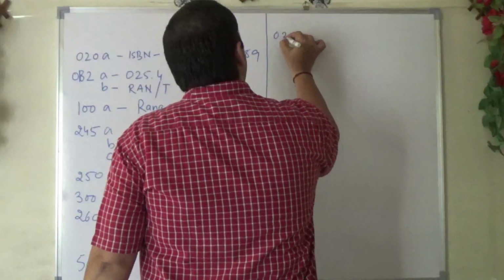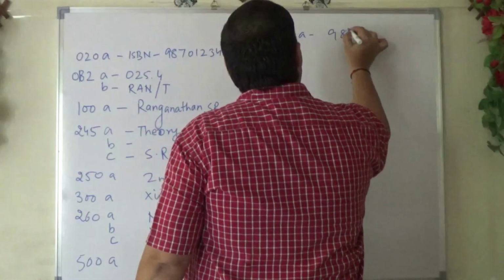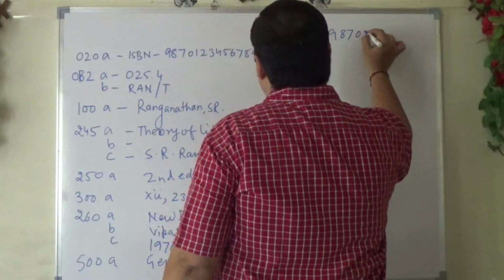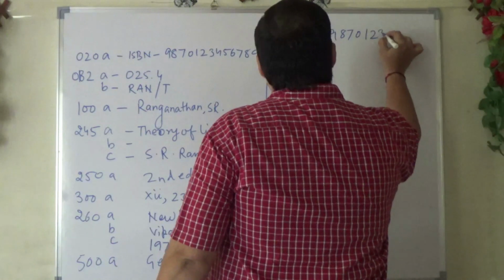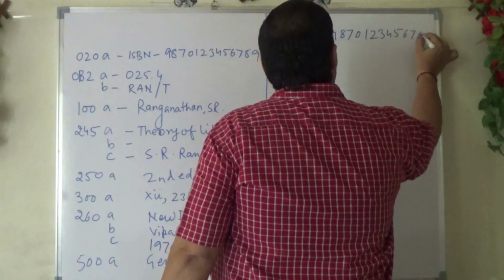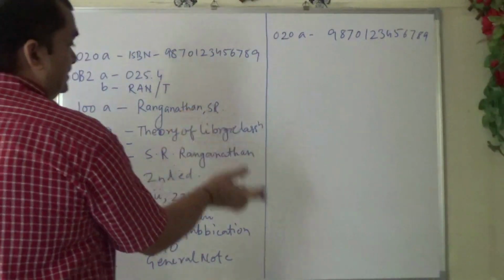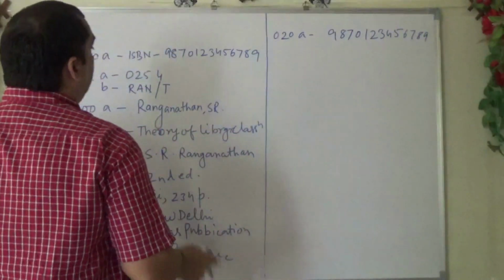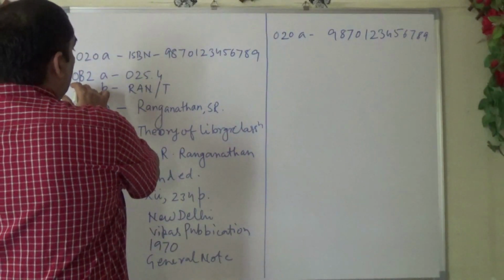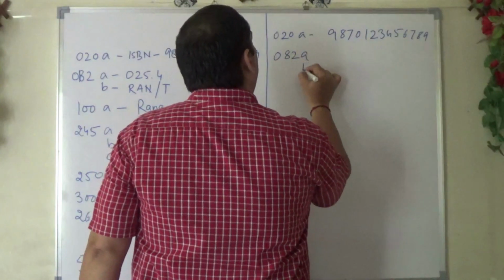So 020, where we are entering the ISBN number, it will contain the ISBN number without any punctuation, because when we remember the punctuation method, there we found that we write the standard number just after the physical description. Then here 082, this also will not have any punctuation.